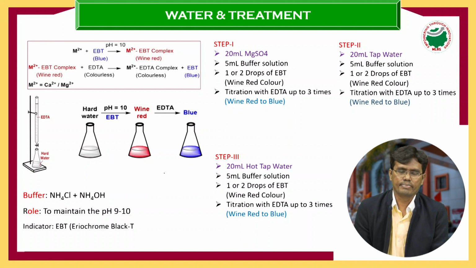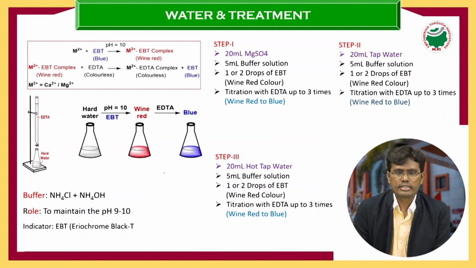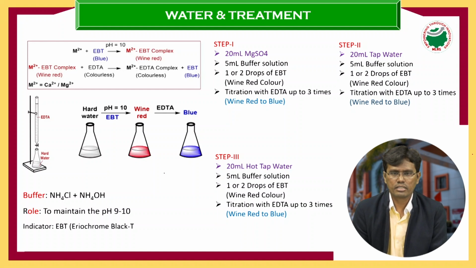Step one: first, we have to prepare EDTA solution and MgSO4 solution in standard flasks, maybe EDTA in a half liter or 1 liter flask, and MgSO4 in a 100 ml standard flask. Pipette out the permanent hardness salt MgSO4 into a conical flask.